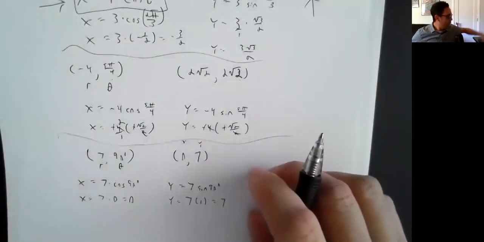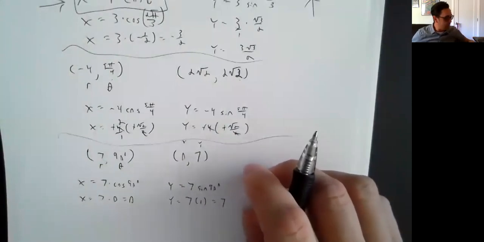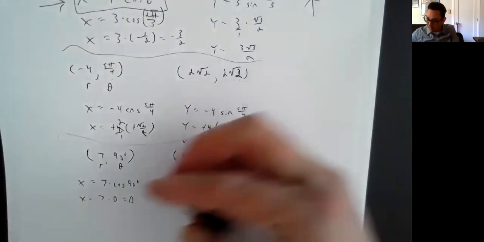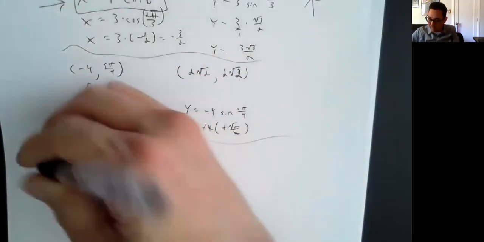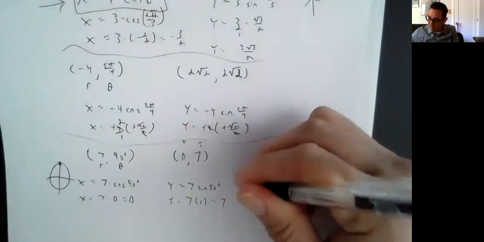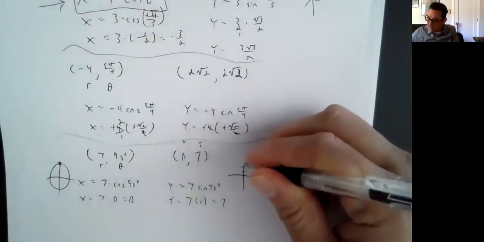Now this one should hopefully make a little more sense when you see the two different grids. You can kind of visualize, right? In polar, you go to the 7th ring and 90 degrees is up here. But in rectangular, you go sideways none and up 7.